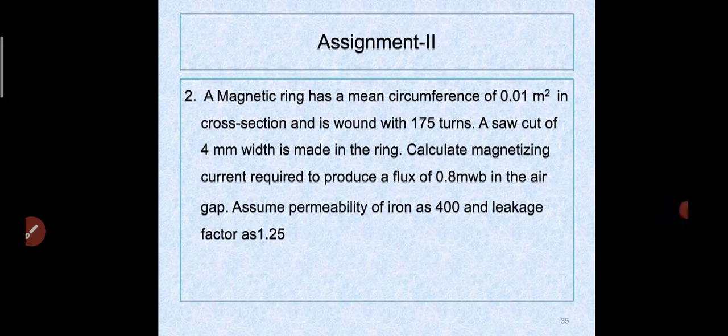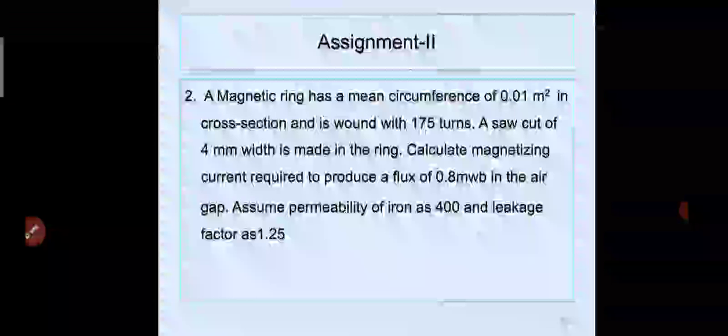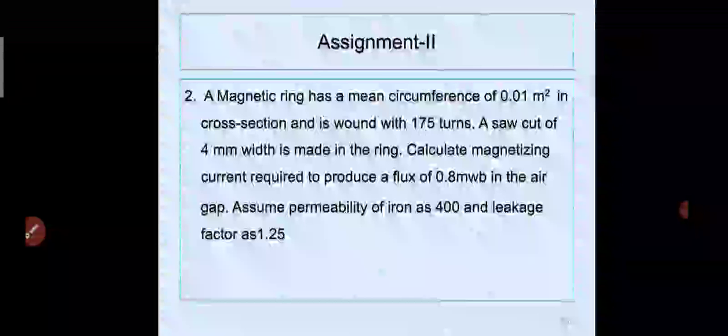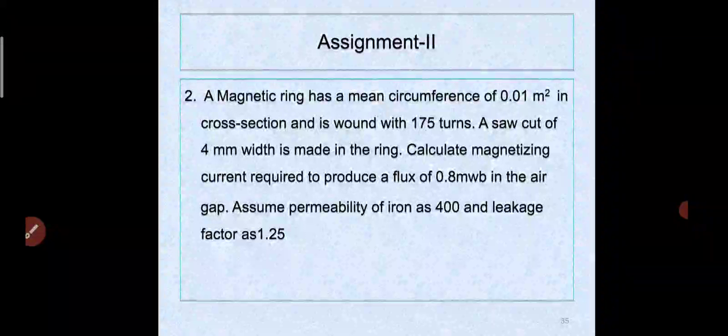Assume relative permeability of iron as 400 and leakage factor as 1.25. This problem, so we can solve the above problem. These problems are both the same, but the given data is changed.